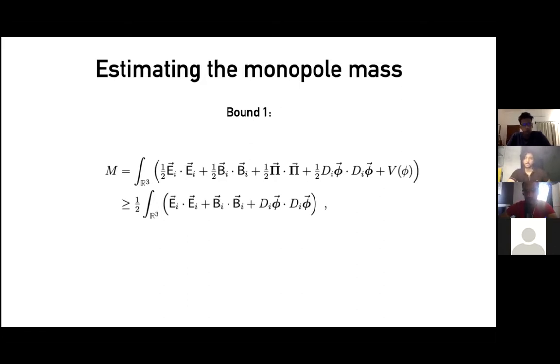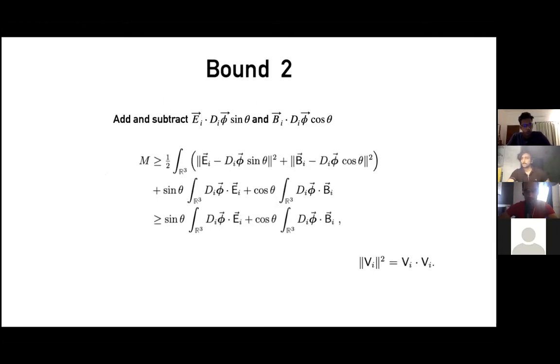Next, we'll do a trick where we'll add and subtract B dot D_i phi sine theta and B dot D_i phi cos theta. And basically, you find that you can kind of complete the squares when you do this. And when you complete the squares, you again get some positive definite quantities, where this double line notation means the norm squared in isovector space, so the internal space.